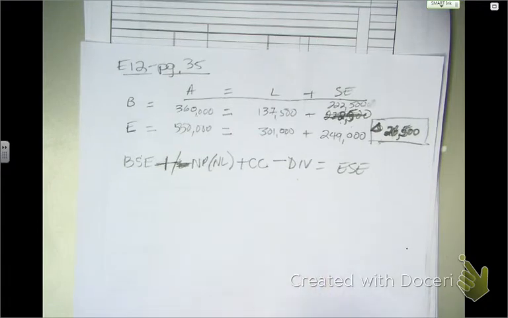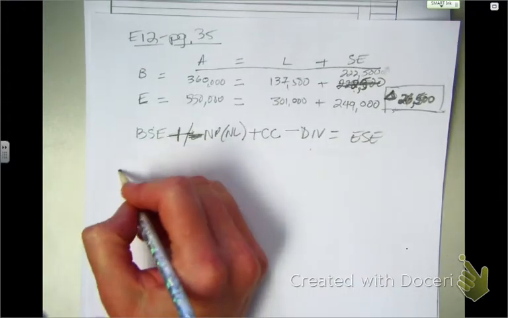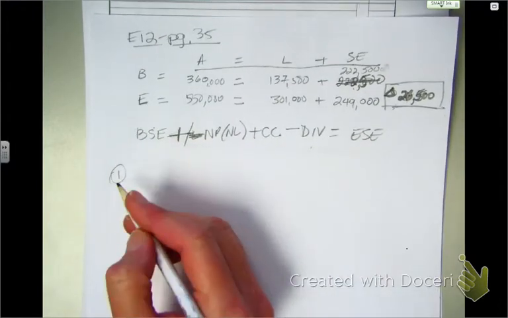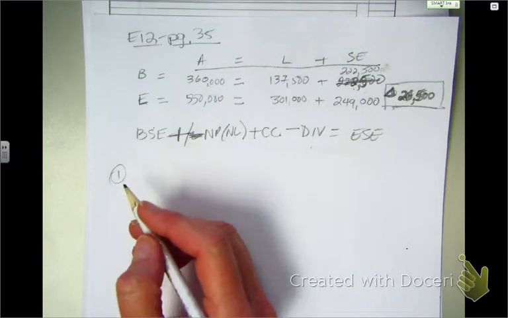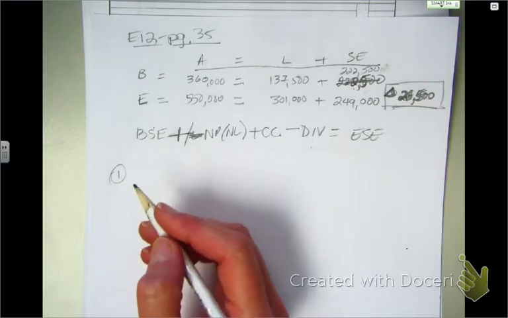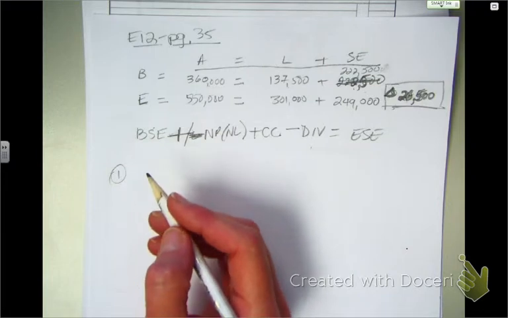So in scenario number 1, I'll walk you through it. It says the stockholders made no investment in the business and no dividends were paid during the year.